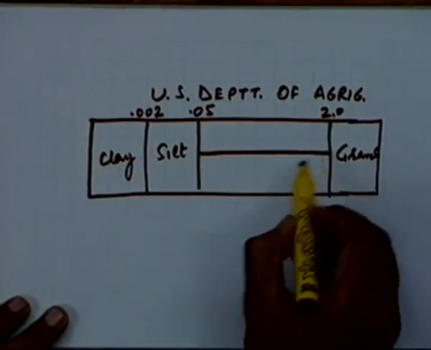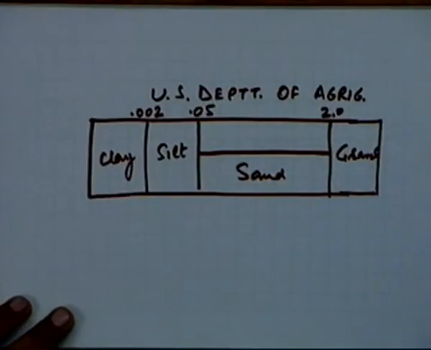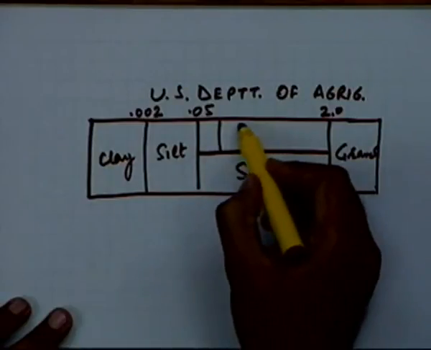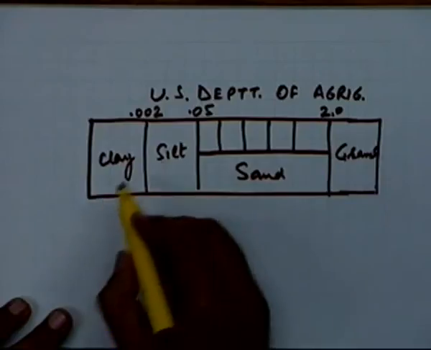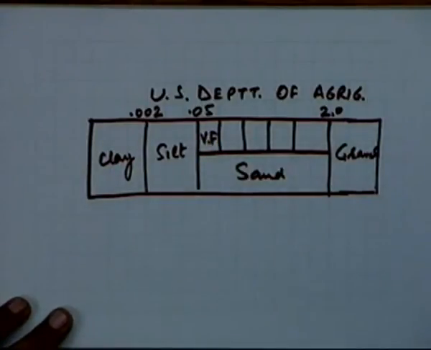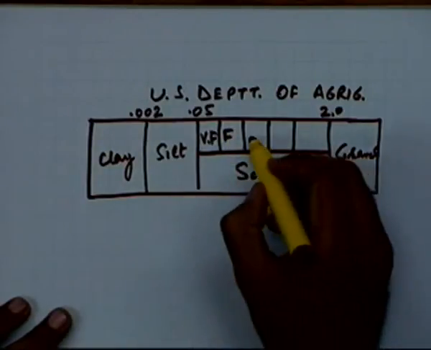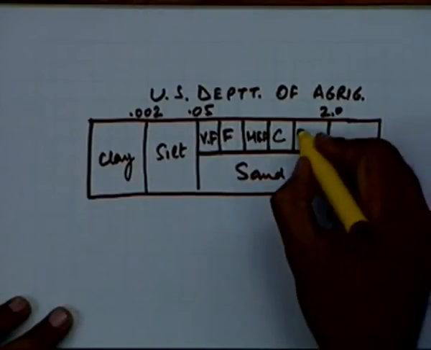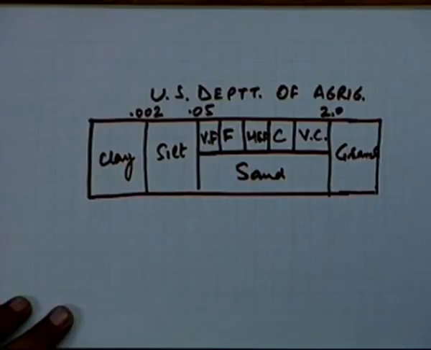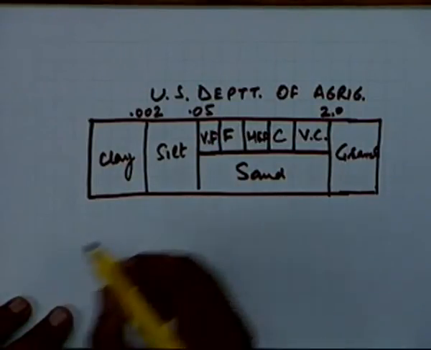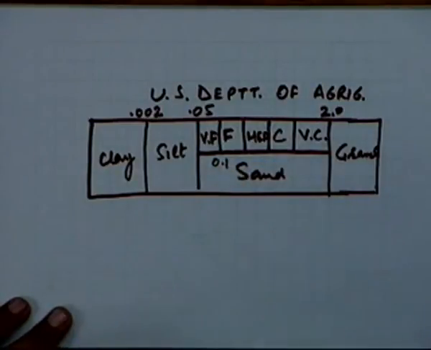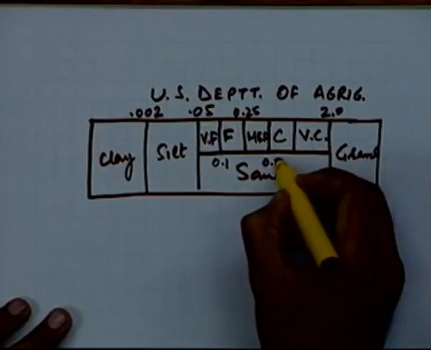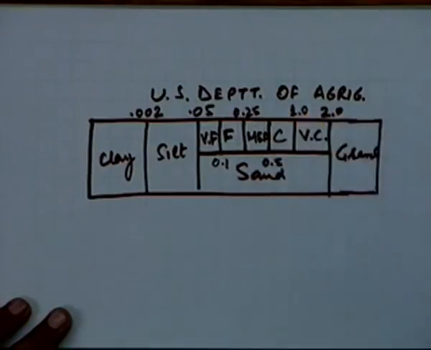Now, as far as the sand is concerned, it is subclassified into 5 different varieties: very fine sand, fine sand, medium sand, coarse sand, and very coarse sand, and their sizes vary in this manner.